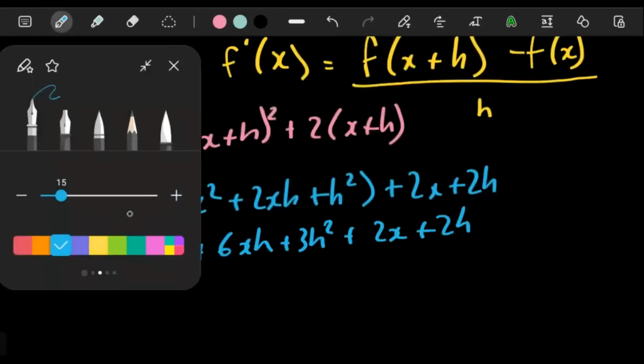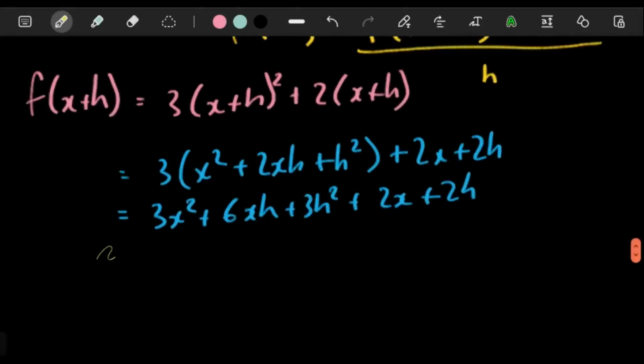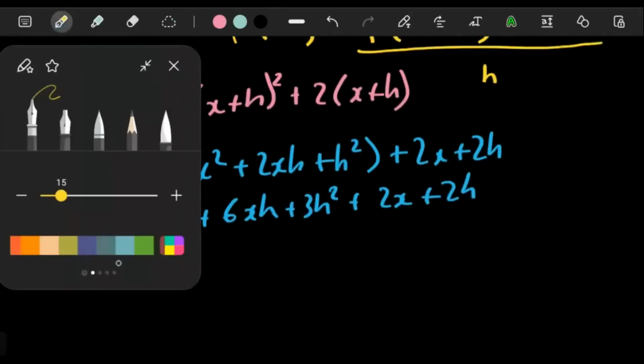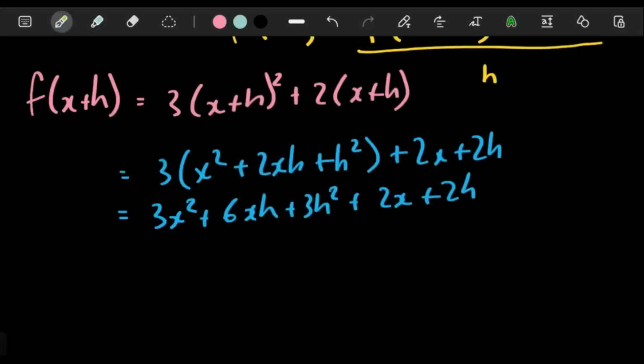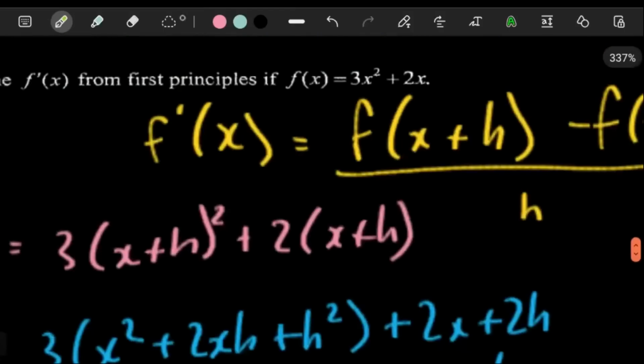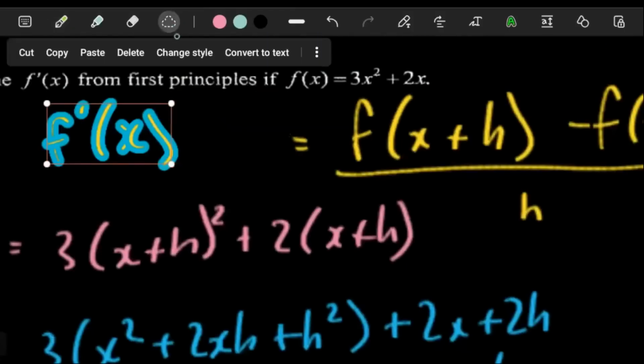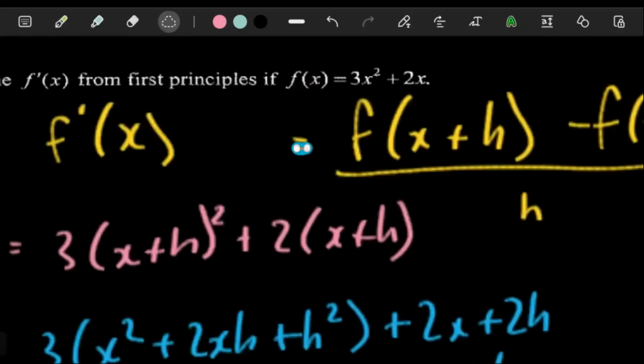Everything is fine so far. Oh, I forgot the limit part. And that comes after this equal sign, and that limit is important actually.